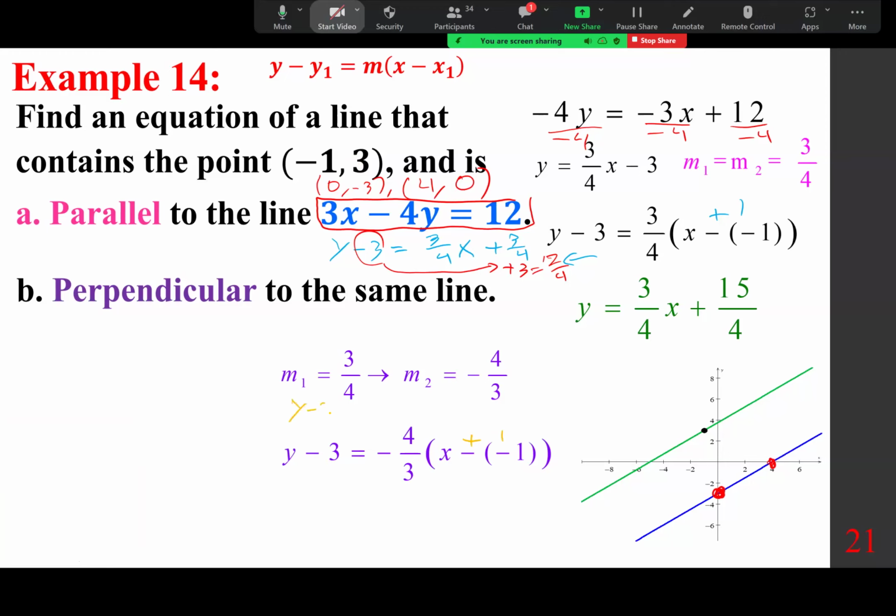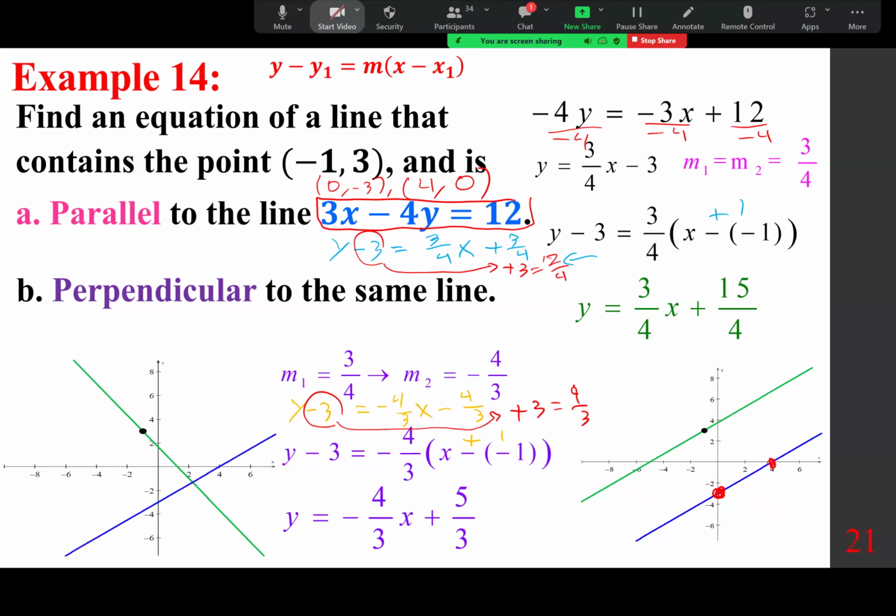So y minus 3 equals -4/3 x minus 4/3. We are going to move the -3 and make it +3, or 9/3, with -4/3 becomes 5/3.